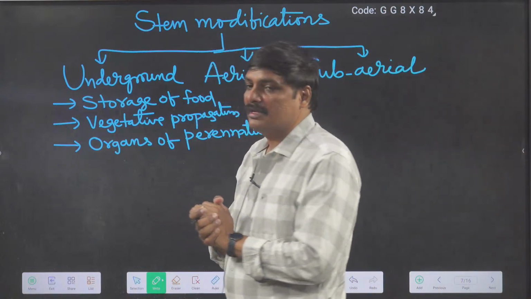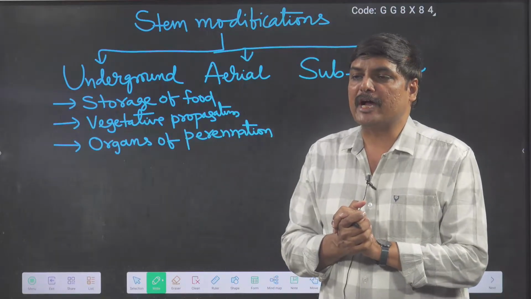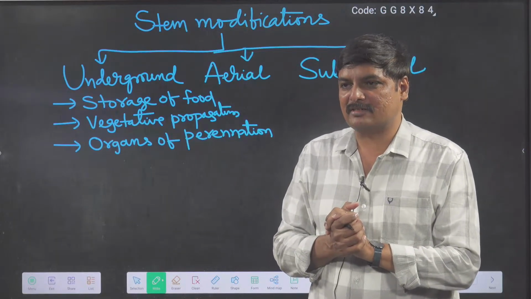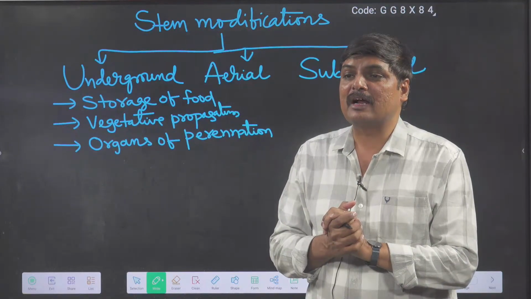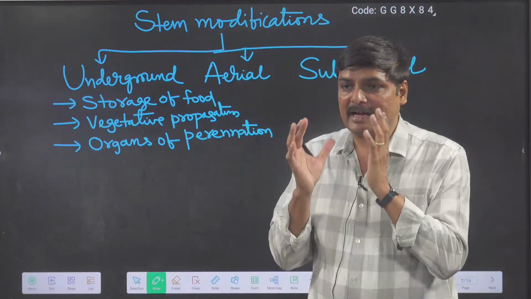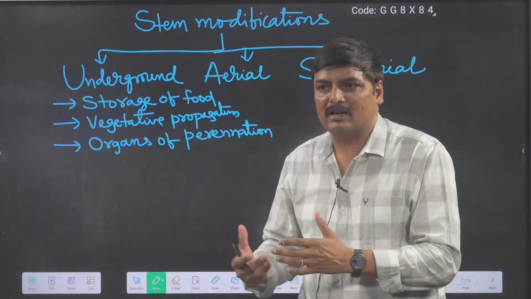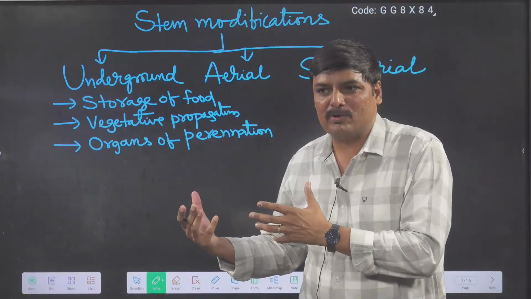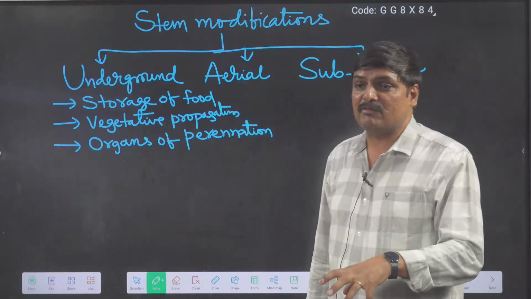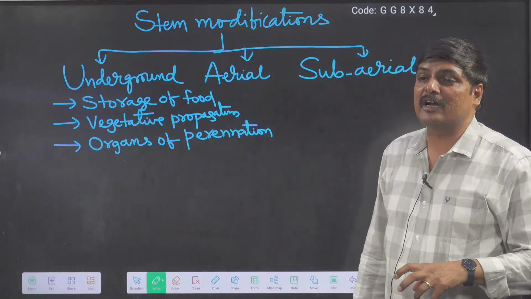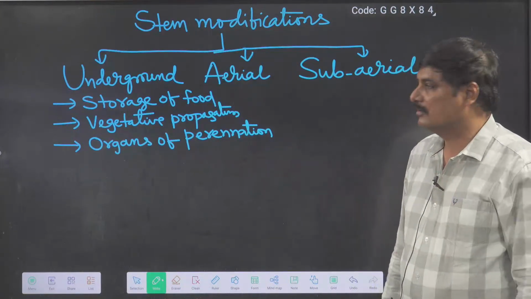It means they can survive during unfavorable conditions. That is why they act as organs of perennation. As they are going below the soil, if the conditions are not favorable, they can take rest inside the soil and survive during those unfavorable conditions. And that is called organs of perennation.